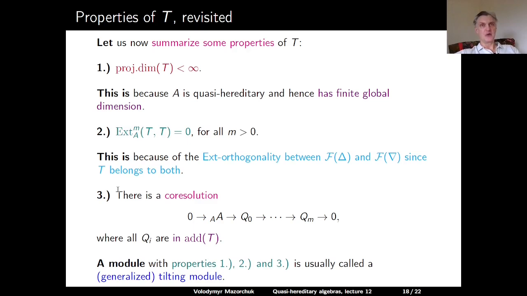So there is some confusing terminology here. A tilting module for a quasi-hereditary algebra is a generalized tilting module in the sense of the general theory of tilting modules for finite dimensional algebras.